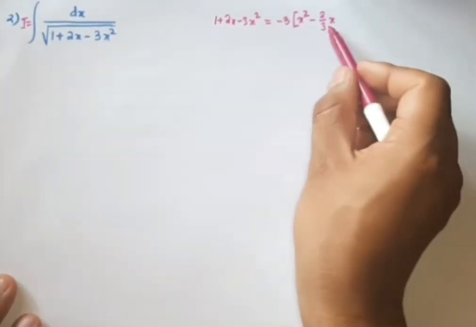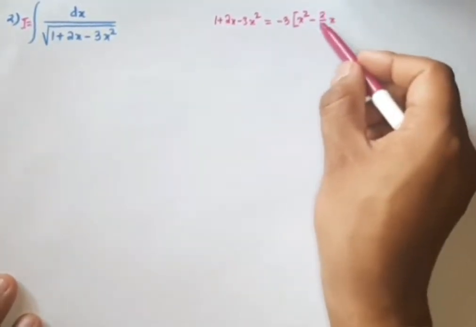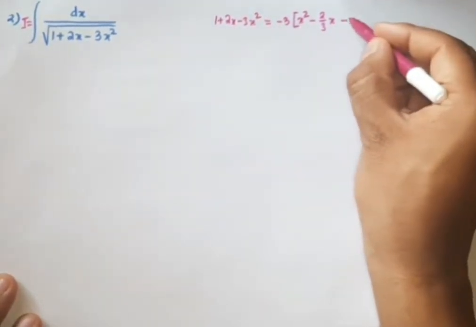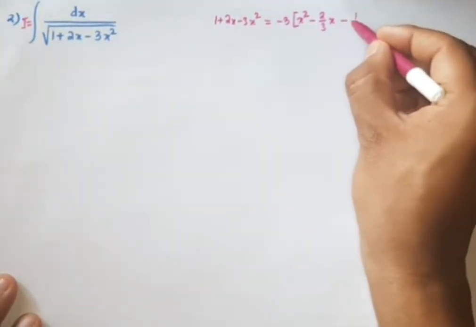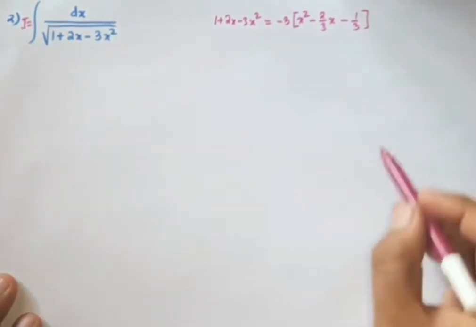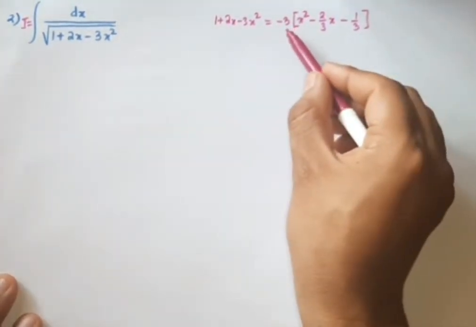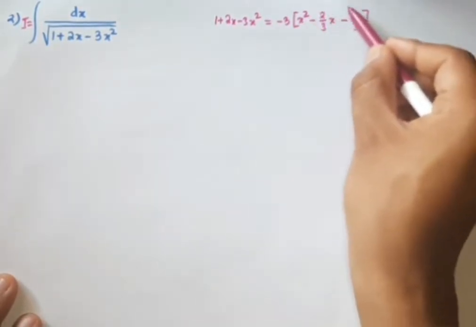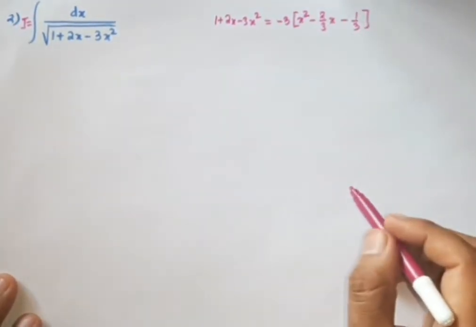As you multiply these two you'll get 2x, right? And similarly I have -1 by 3 left. Now I don't have to do anything with this -3. I just need to express whatever is inside as the sum or difference of two perfect squares.